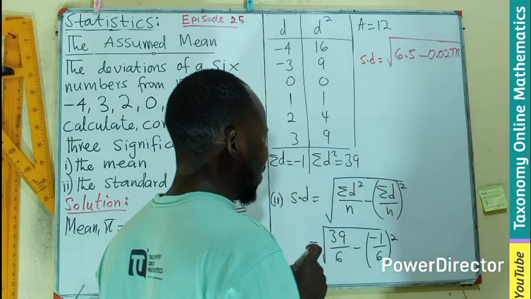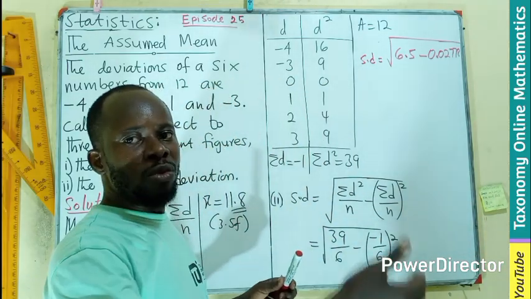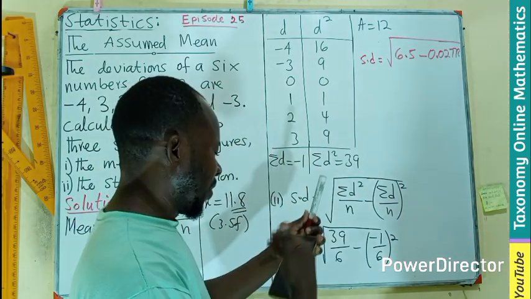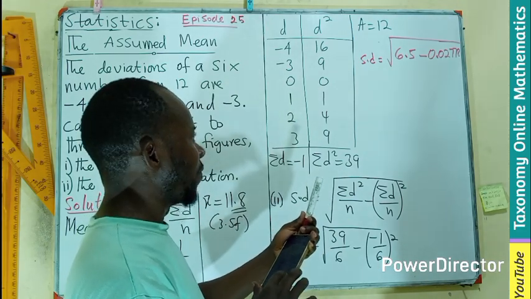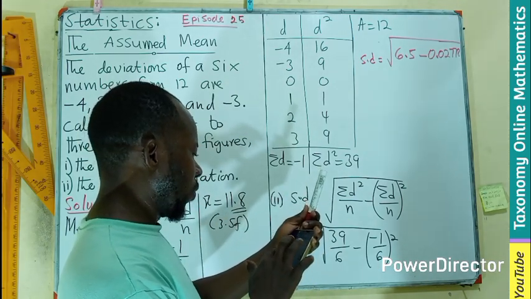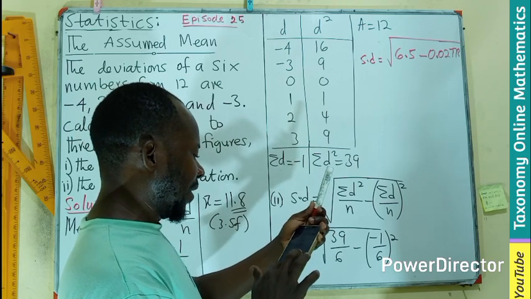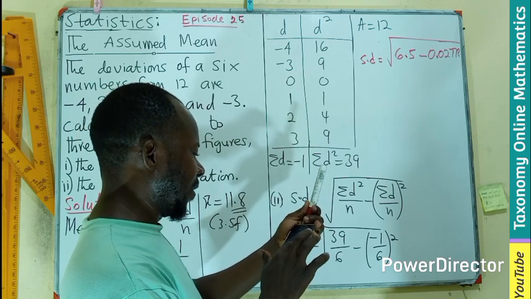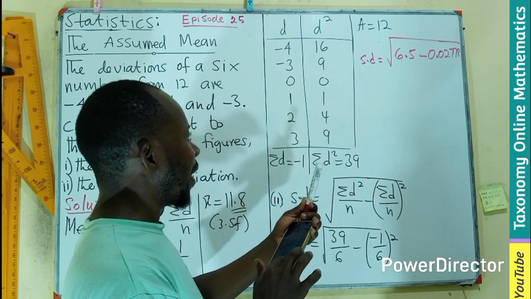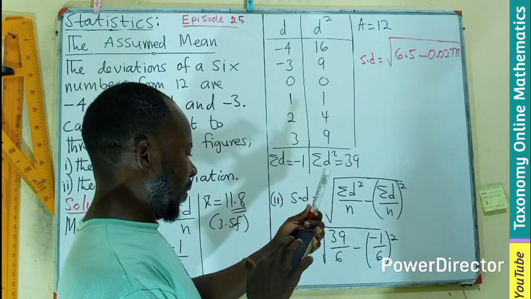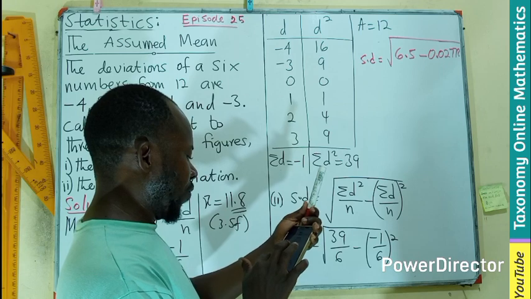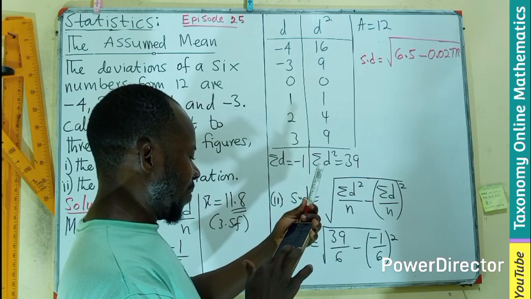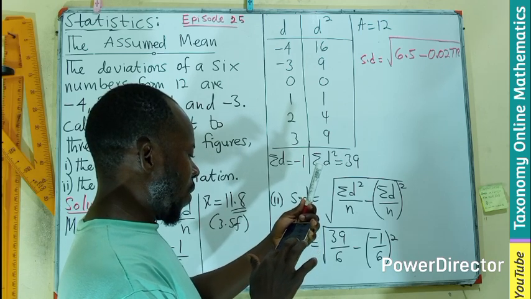I think it will be best if we put all in a calculator to absorb all the decimal places we are going to truncate. So I am going to have the square root of 39 divided by 6 minus negative 1 divided by 6, all squared.